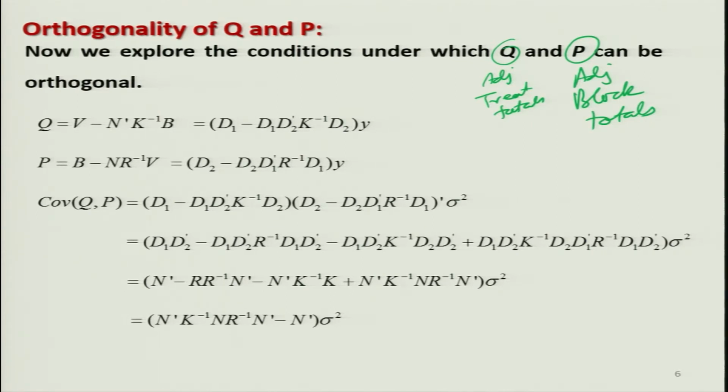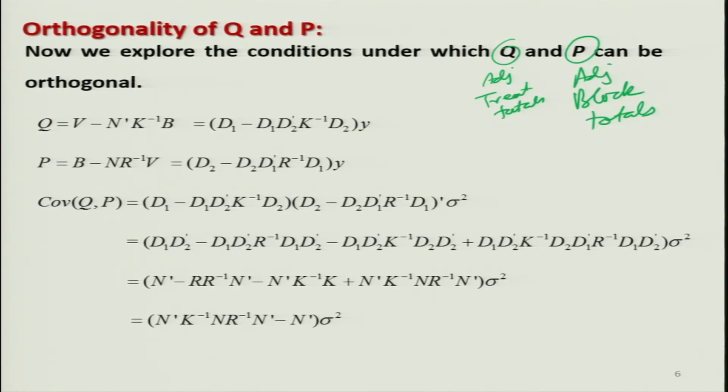And you will see that in case Q and P become orthogonal, then we have the same situation that we discussed in the case of randomized block design, because they are going to be the adjusted treatment totals and adjusted block totals. So, in this case, if Q and P are orthogonal, then the TSS can be partitioned into SS block plus SS treatment plus SS error, where both are going to be adjusted. But this was not happening when we were considering the general structure of incomplete block design, right.